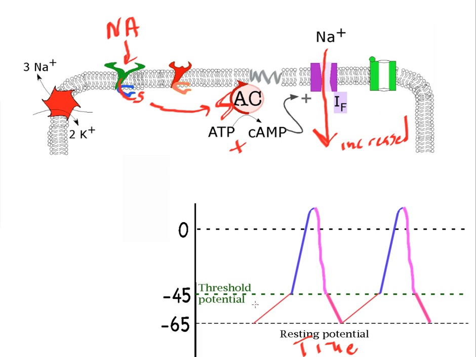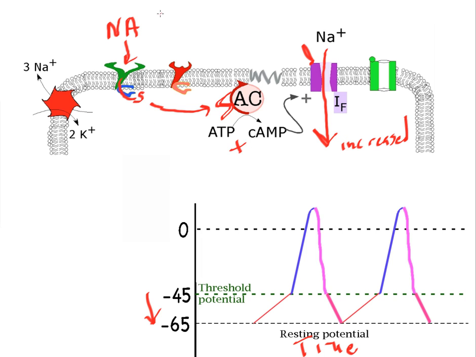So notice they're only going to be open when membrane potential is below threshold potential. So anywhere down here, anywhere below 45, those channels will be open. When they're open, if there's lots of cyclic AMP, there'll be more flow through those channels.